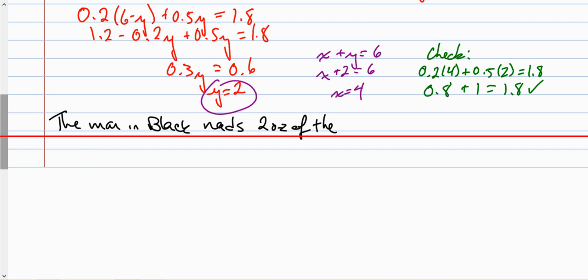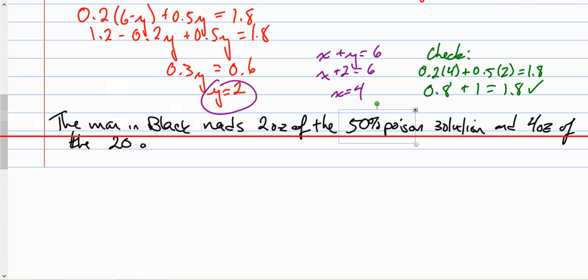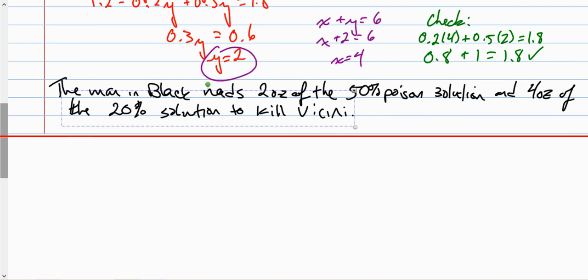Of the 50% poison solution, and 4 ounces of the 20% solution to kill the seamy. Okay, I didn't need all of those words, but I liked them.